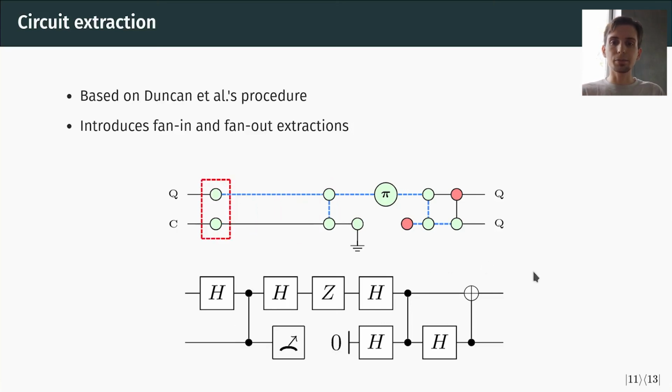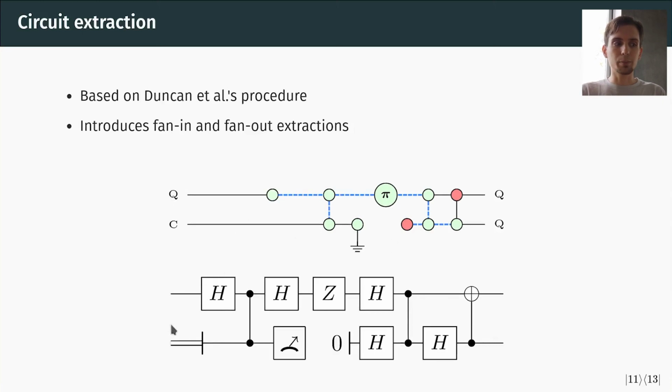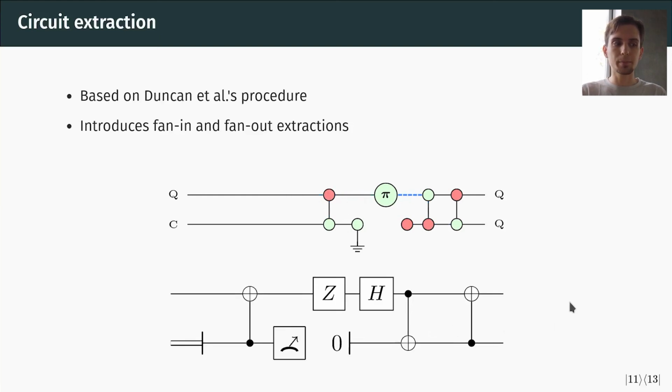Then at the end of the extraction, we can look at the classical and quantum labels of the inputs and outputs and apply some qubit preparation or measurement where necessary. We can also apply some color change rule where applicable to reduce the number of Hadamards. And with this, we reach a valid extracted circuit for our diagram.